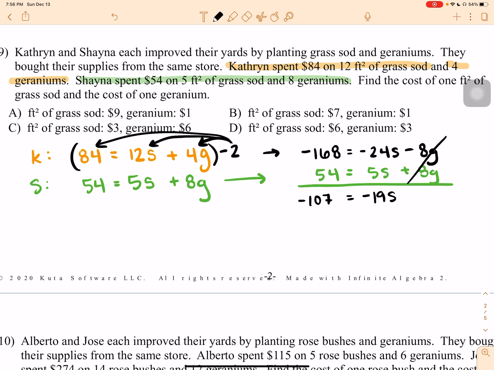Ooh, I get a pretty ugly decimal. Did I do something wrong here? I hope I didn't make another mistake. 84 times 2 is 168, yes. -8g. Trying to catch my mistake.